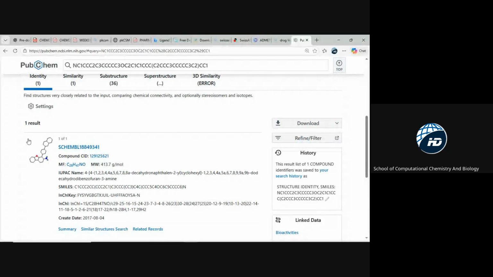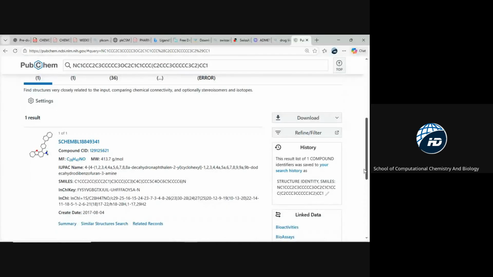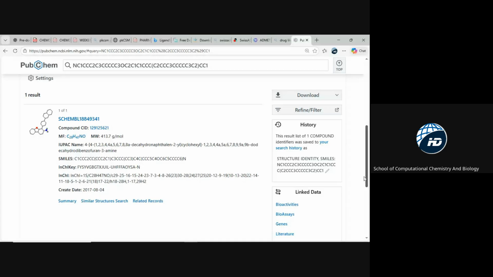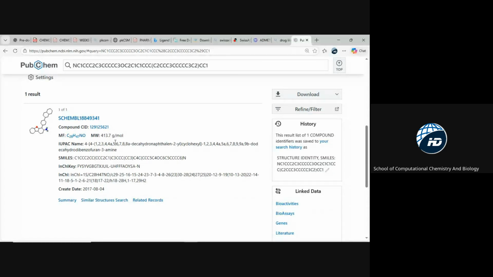So this is the compound that this man said doesn't have a name. This is the IUPAC name, the compound that is giving us that good result. It was created in 2017. It's still a new compound.